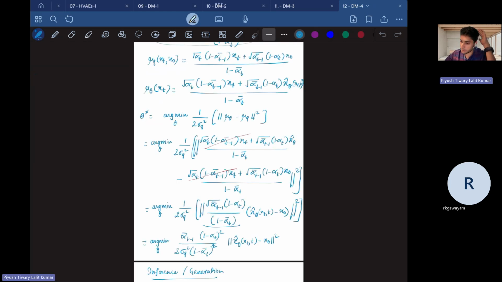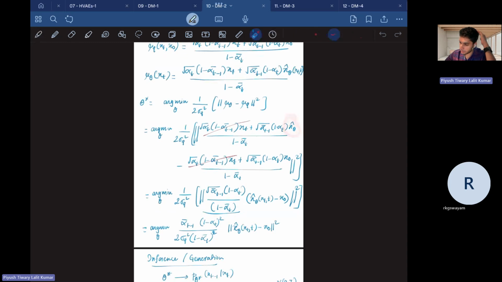Particularly here itself, we saw that your x theta hat can be used to predict the x naught directly. That is what the loss function was.